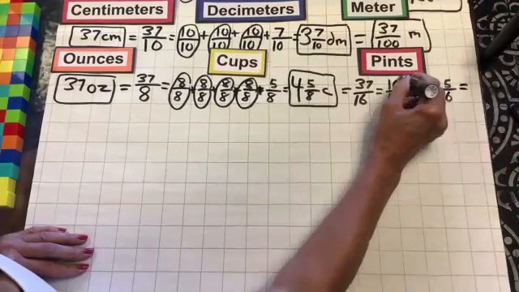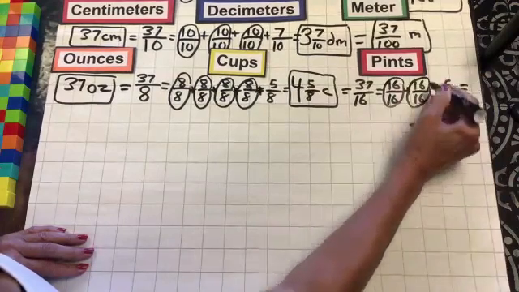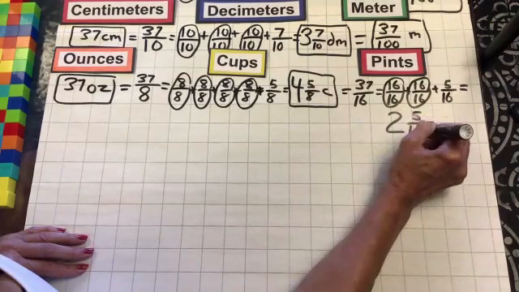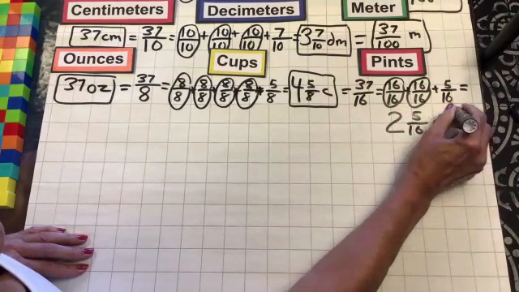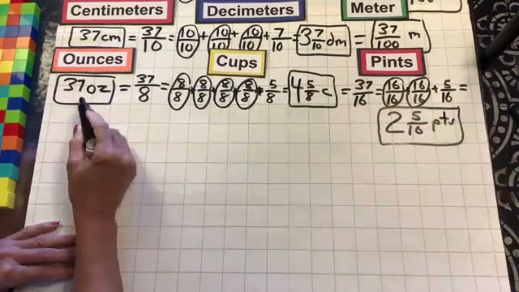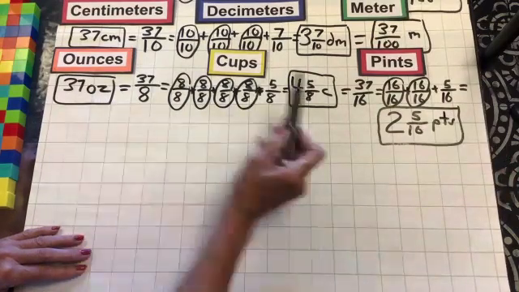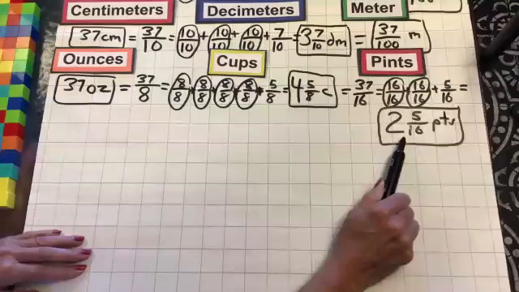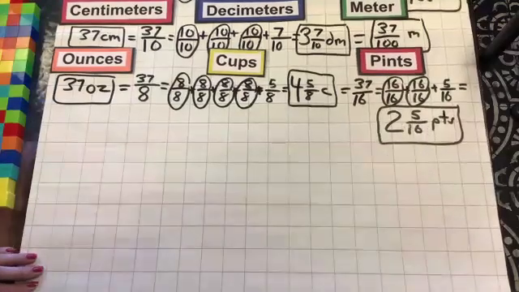And that would equal 2 and 5/16 pints. So 37 ounces is the same as 4 and 5/8 cups, which is the same as 2 and 5/16 pints.